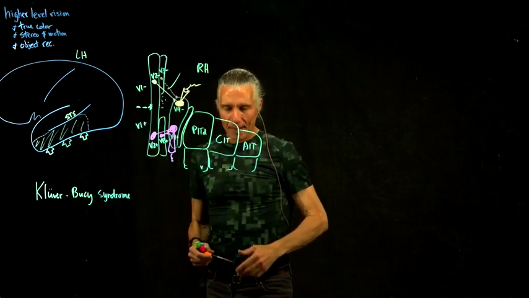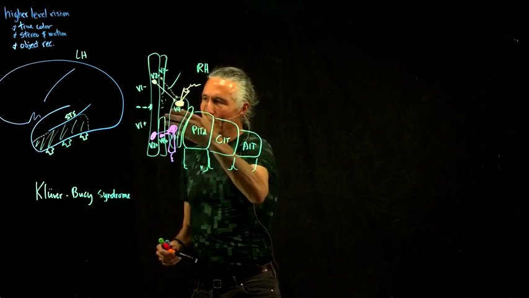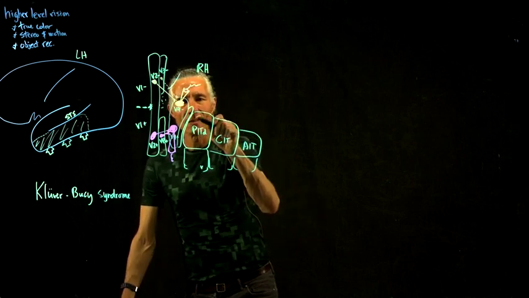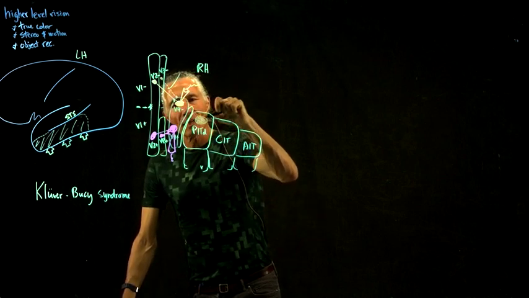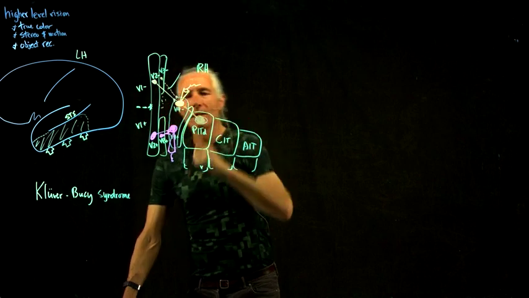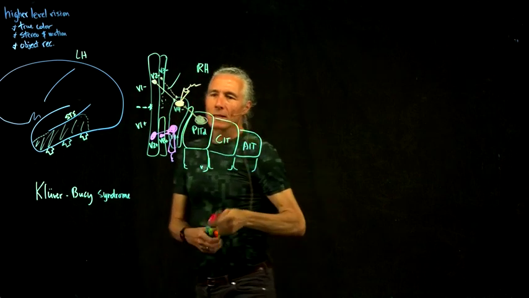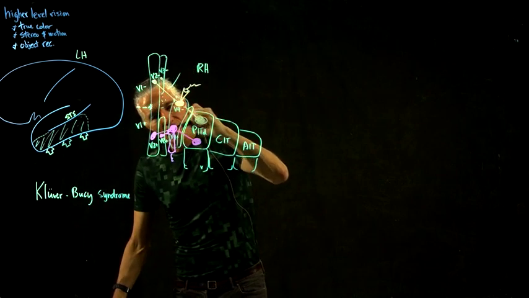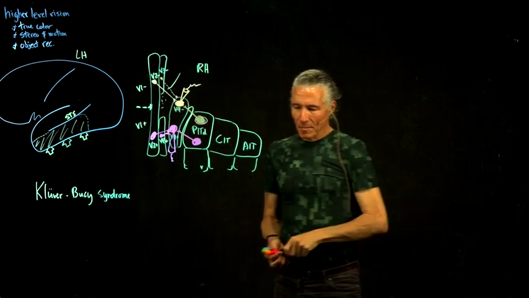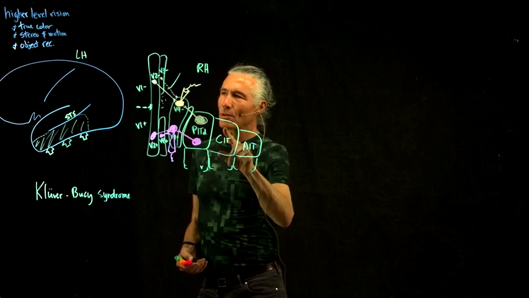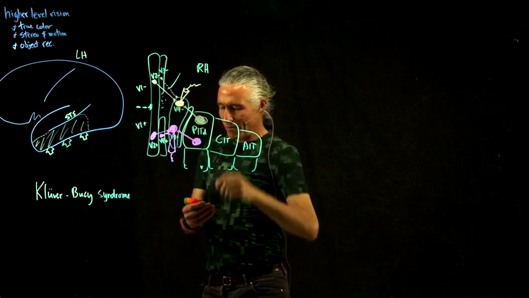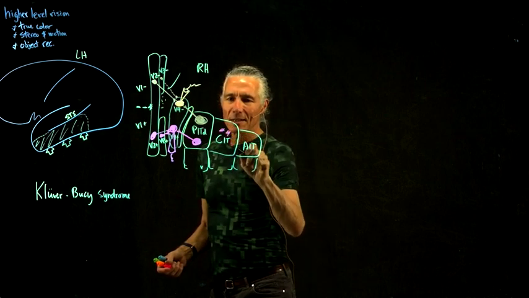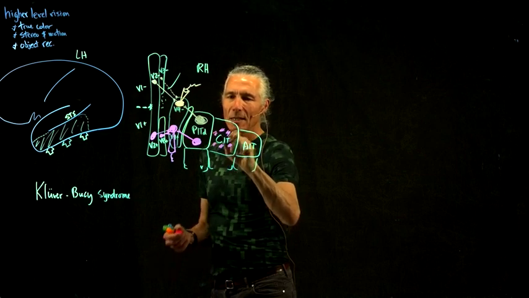But now if we look higher up, what we're going to see are back projections, and we can look at the topography of those back projections. There's a back projection coming from posterior infratemporal that's going to that spot, and another back projection coming from posterior infratemporal that's going to this spot. But interestingly, if we look at central infratemporal cortex, what we see instead looks like a bunch of patches that are all mixed up.